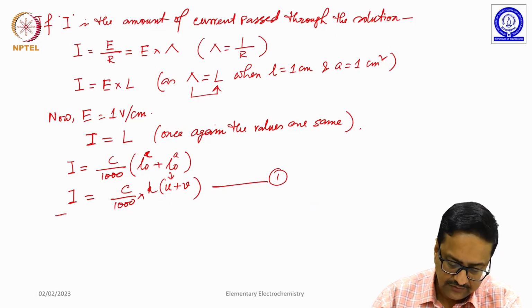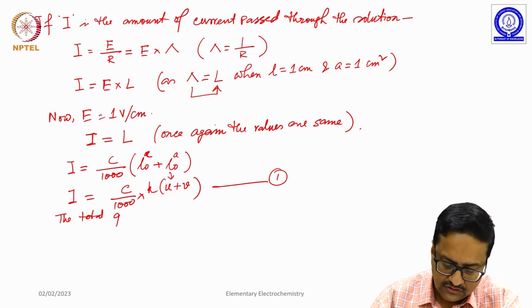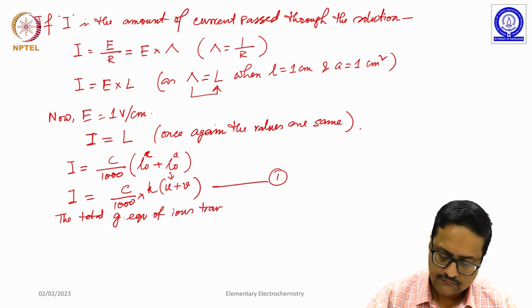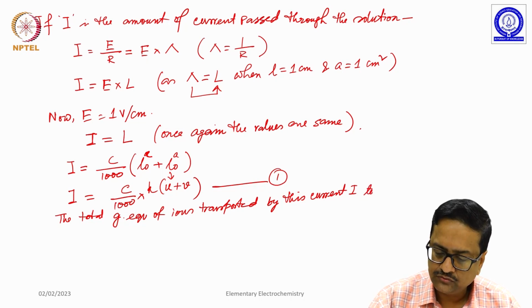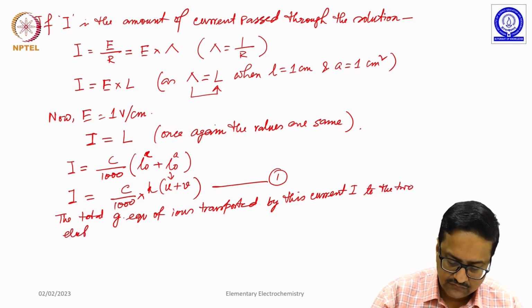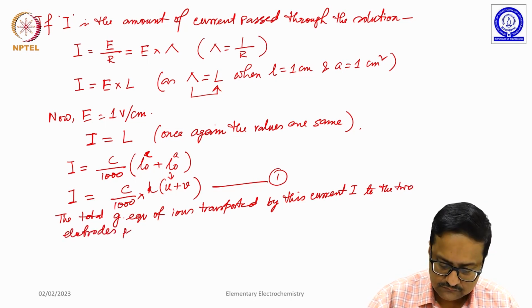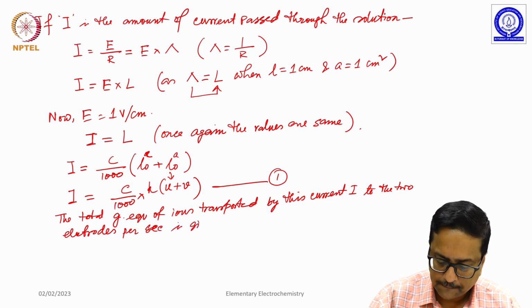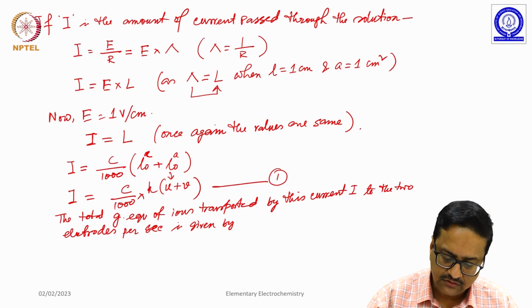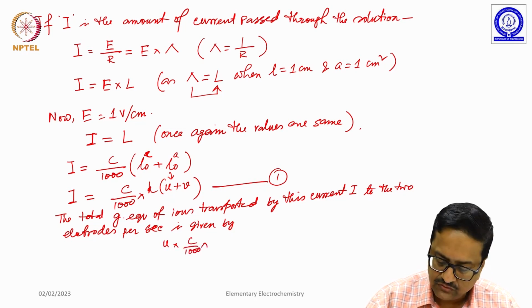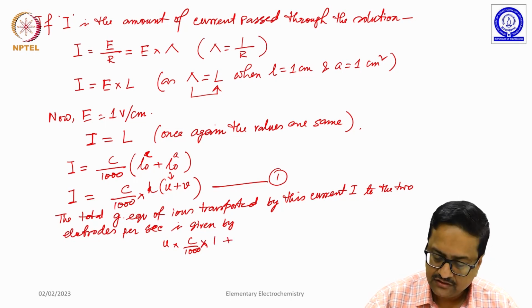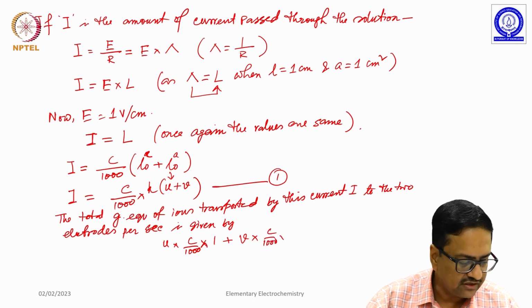Now, the total gram equivalent of ions transported by this current I to the two electrodes per second is given by U into C by 1000 into 1, that is the 1 volt per centimeter, and V into C by 1000 into 1.